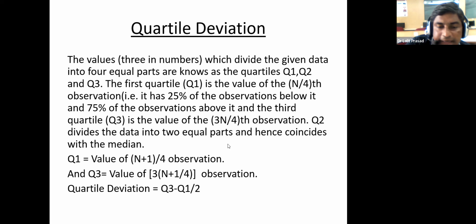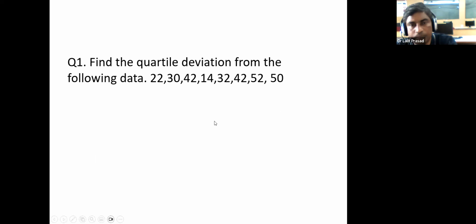तो कैसे इसको कैलकुलेट करेंगे? सपोज मान लो एक डेटा लेते हैं हम लोग. कैसे हम लोग Q1 और Q3 निकालते हैं? So this is the data you can see here. How to find out?